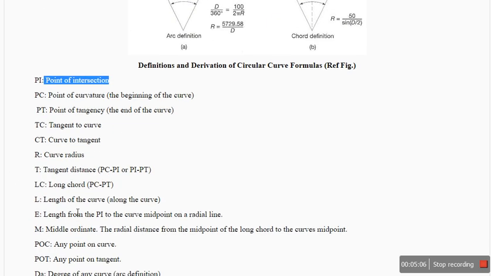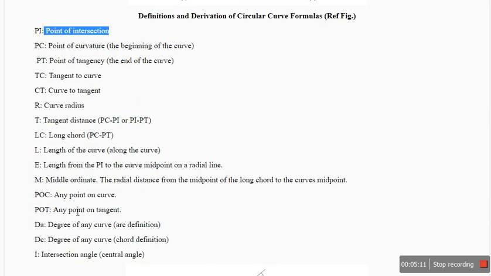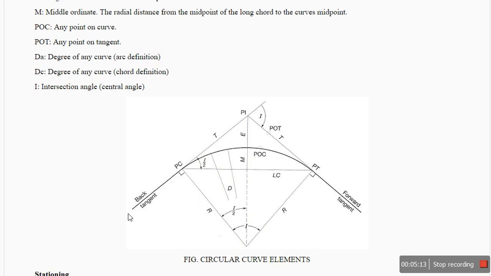Then we have the definitions: point of intersection, then point of curvature, then point of tangency. Say this is the road, and these two roads are meeting at a point, we call it the point of intersection. Then we cannot change just the direction, we need to provide some curve.